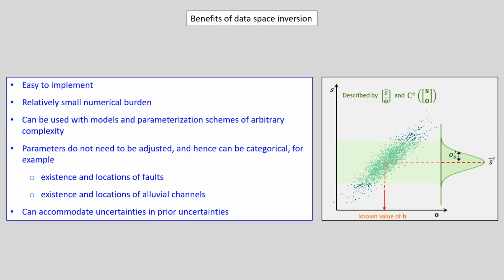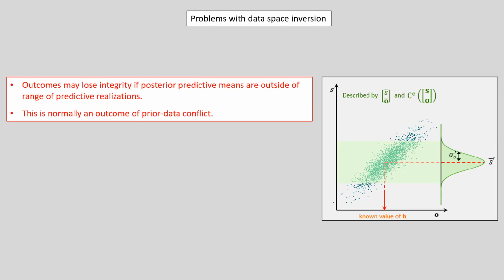All that can be embodied in the prior realizations used for running the complex model prior to building the DSI linkage between the past and the future. And we can accommodate uncertainties in prior uncertainties, all embodied in the realizations used when we run the complex model prior to building the statistical linkage between the past and the future.